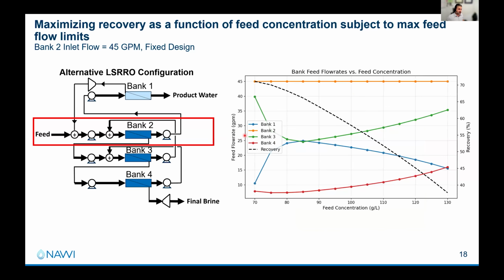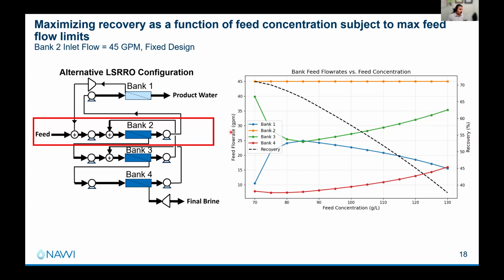So what we did in WaterTAP to start was to say, all right, subject to those constraints, I do not want to exceed the max feed flow limitations of my membrane elements. Don't want to damage them. So let's add those constraints into the model. And let's set up the model to maximize recovery, this black dashed line here, as a function of feed concentration shown on the x-axis. On the secondary y-axis, you have recovery rate.